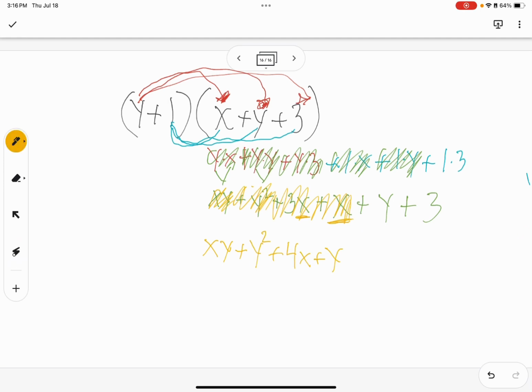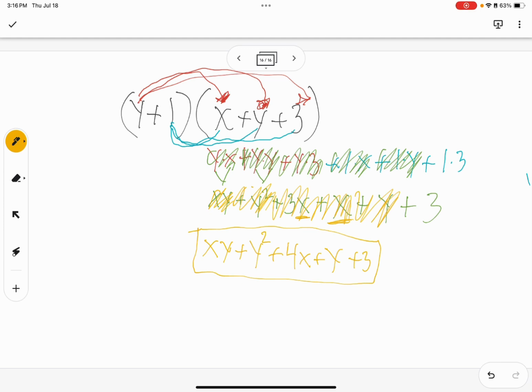And then we are left with a 3. And it's a positive 3, so we're going to put plus 3. Now we have our answer. Fairly long. And my penmanship's horrible, but we understand that now. So that was one way of doing it.